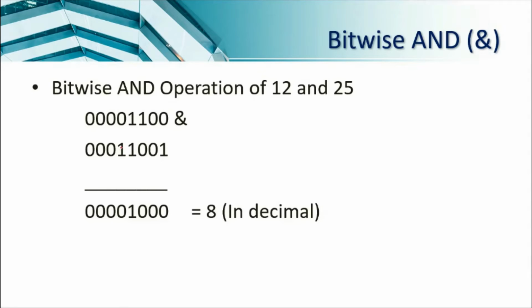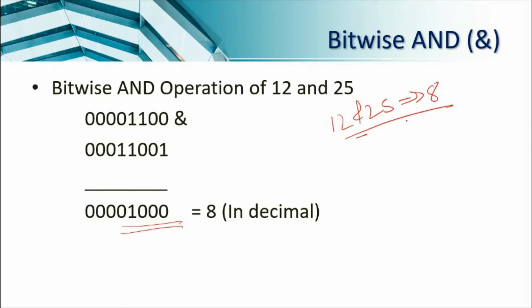Here it is 1 and 0, so it is 0. All the others are 0. So all the three positions become zeros. So 0, 0, 0, 0, 1, 0, 0, 0. This is equivalent to 8 in decimal. So the result of 12 AND 25 will be 8.